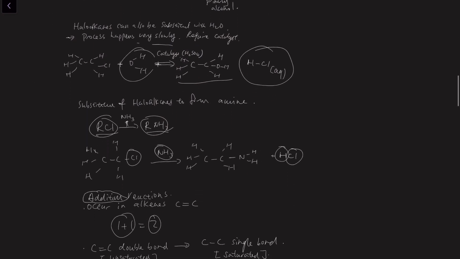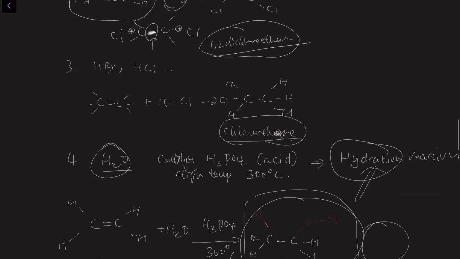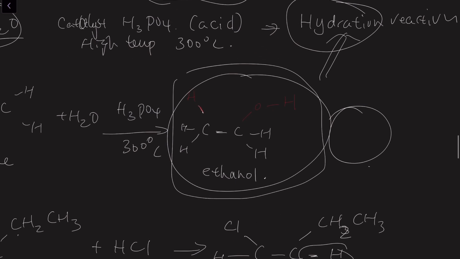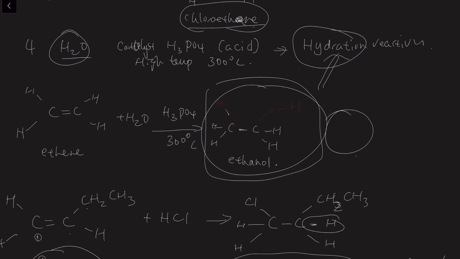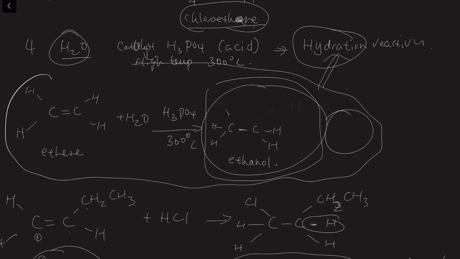And we need to separate HCl out from ethanol, which is again a complicated and costly process. But for this hydration reaction, the only product produced is ethanol. So there's no separation required. And that's why we prefer this kind of reaction when making ethanol.